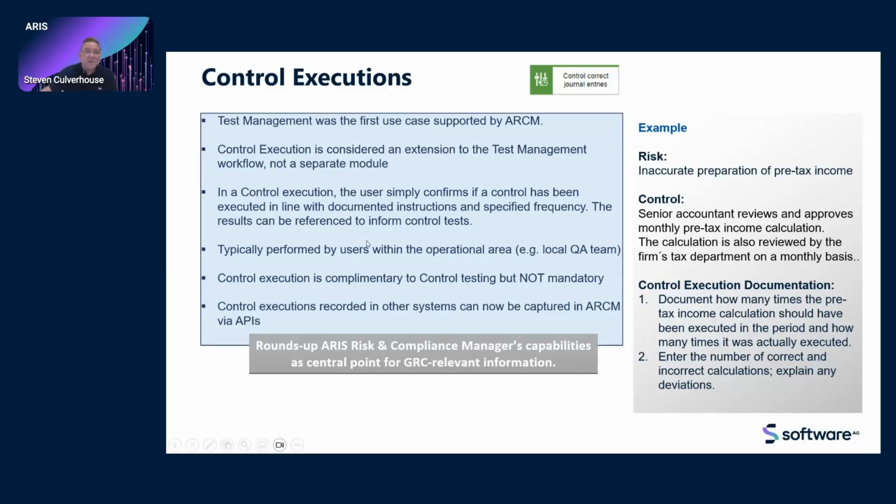They're typically performed by users within an operational area, like a local QA function. So if you've got a finance area that's performing certain activities, and there's a series of controls that's supposed to occur on a daily, weekly or monthly basis, then you can define control executions, and perhaps a local QA team will run them on a quarterly basis to say, right, this control was supposed to have occurred on a daily basis for the last so many weeks.